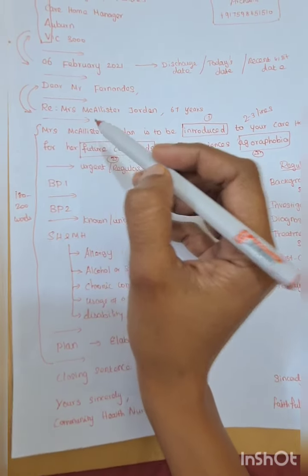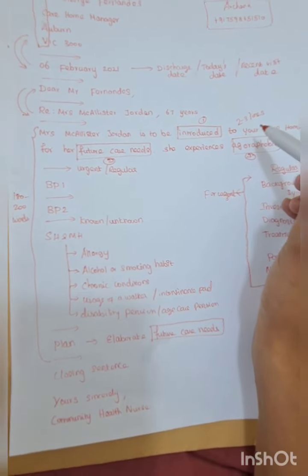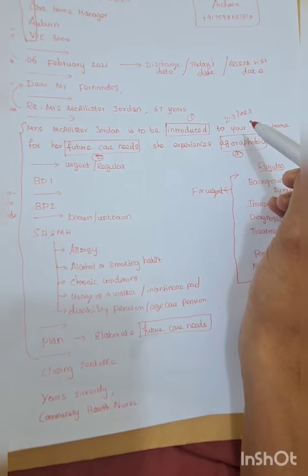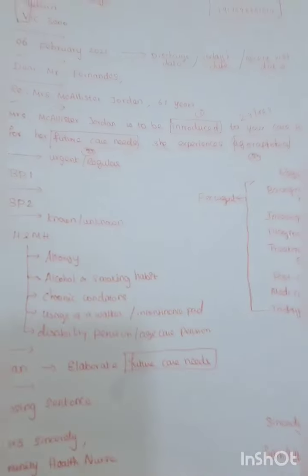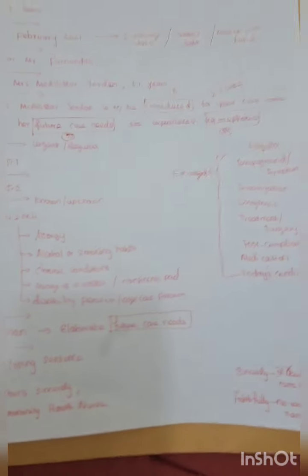Then leave a space and go for your introduction. The introduction should be 2 to 3 lines only. Mostly you will get 3 types of letter: referral letter, discharge letter and transfer letter.